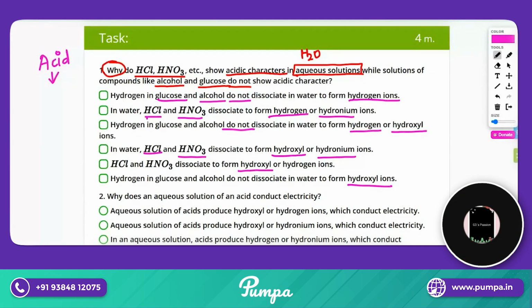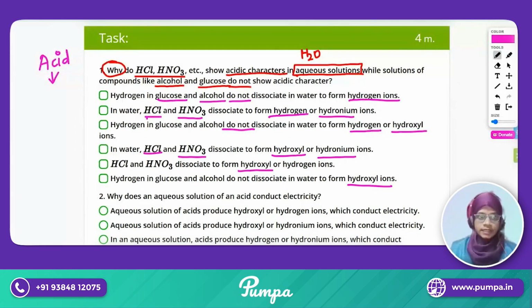Yes, when we dissolve in water, it should produce H plus ions, right? Only then we can call them acid. Okay, second option, and any other options as well?